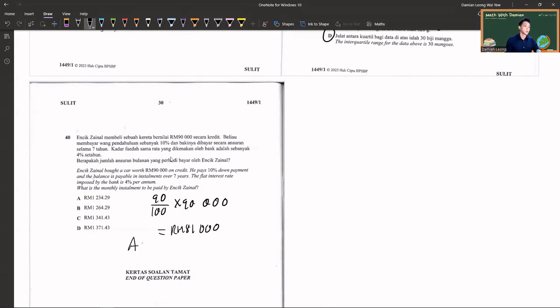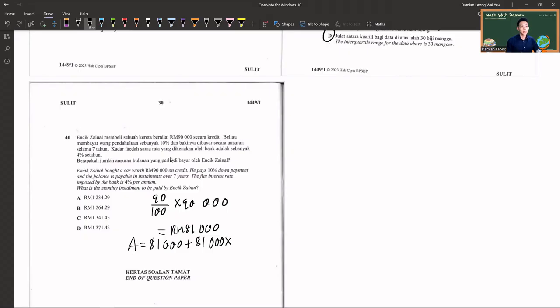Okay. Jumlah yang perlu dibayar. Total amount that has to be paid is 81,000 plus interest, tambah dengan faedah.